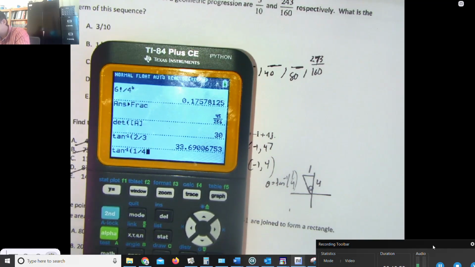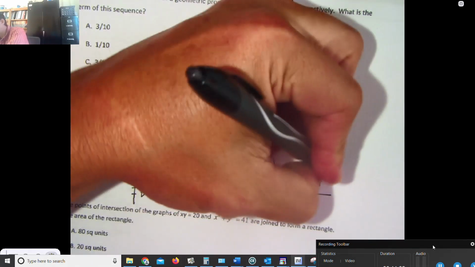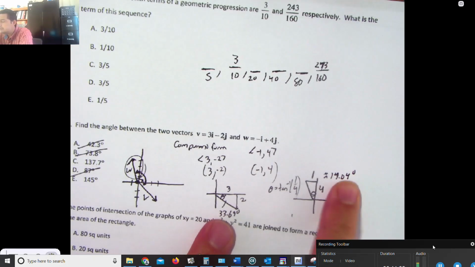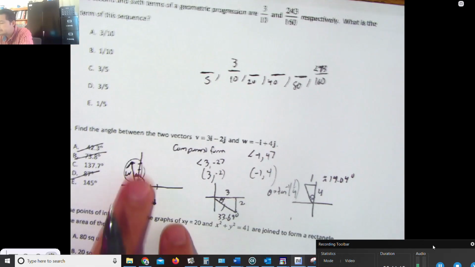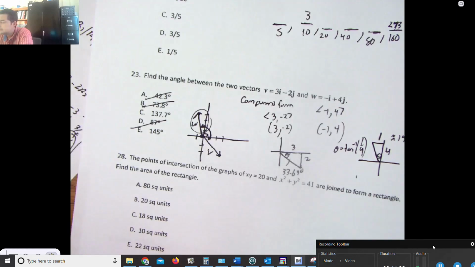I got another interruption. 14.04 degrees. So what I've given you here is these two, and I've given you that 90. So that ought to be enough to finish it off. Looks pretty close. So yeah, I think it's enough.